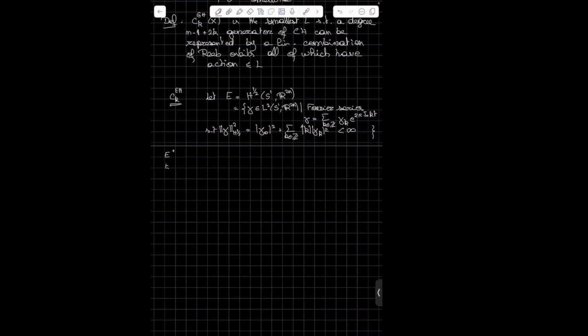So you have E plus, E zero, and E minus. E plus is the set of elements in H^{1/2} that only have positive frequency, so if k is negative or zero, then gamma_k is 0. E zero is the set of functions which only have a zero frequency, and E minus only has negative frequency.